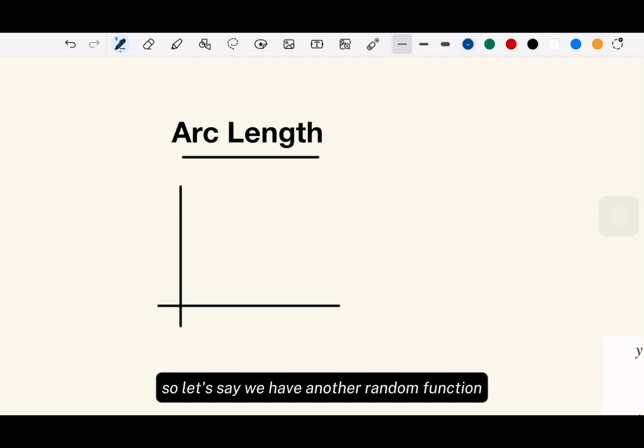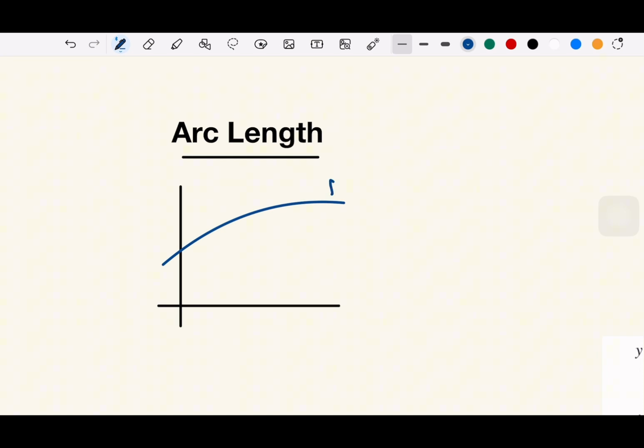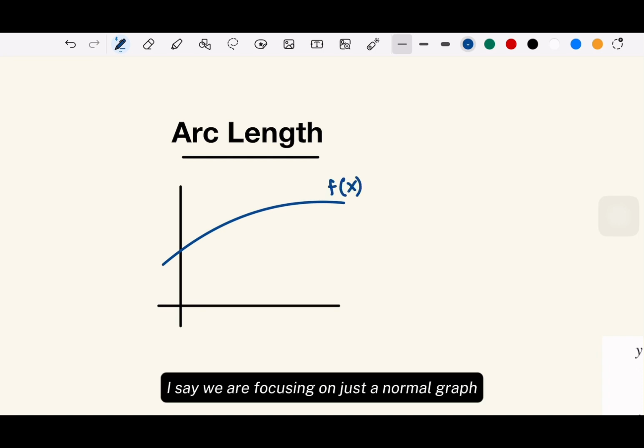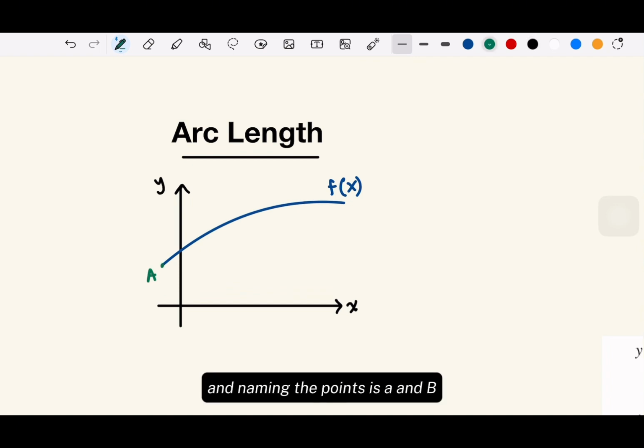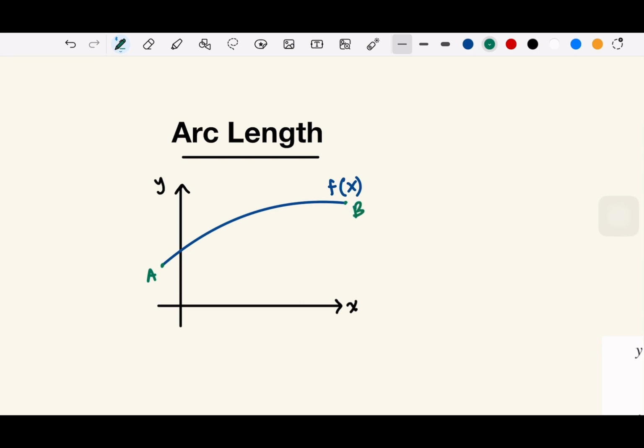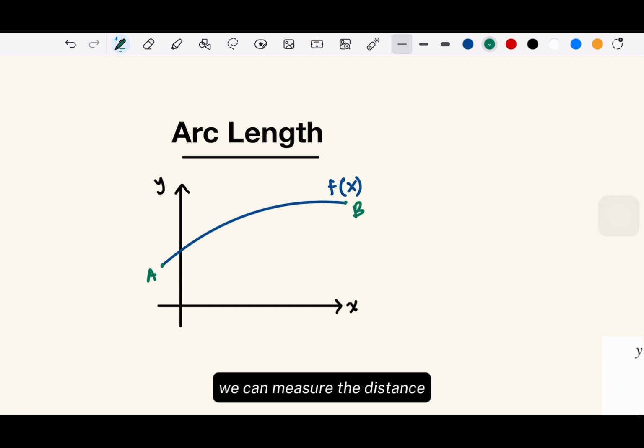So let's say we have another random function. Let's say we are focusing on just a normal graph, and naming the points A and B. So arc length, if you remember correctly, from point A to point B, we can measure the distance.